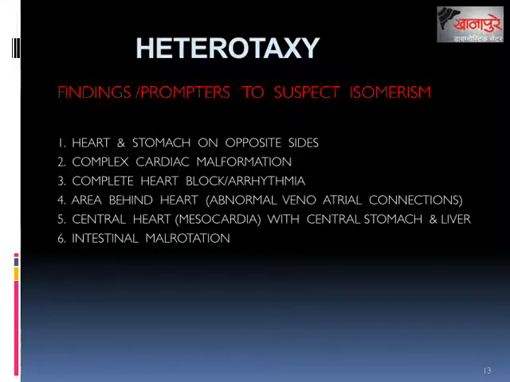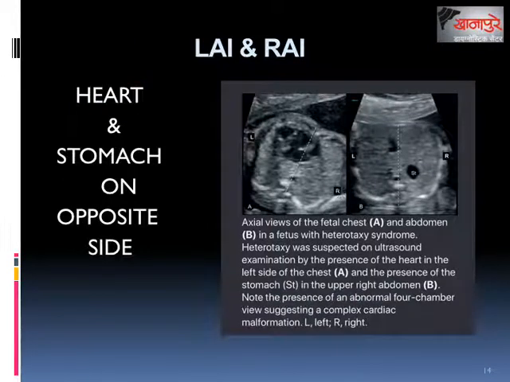Complete heart block or arrhythmia. Abnormal veno-atrial connections. Central heart or mesocardia with central stomach and liver. And the sixth one is intestinal malrotation. Whichever the isomerism is, heart and stomach should be on opposite sides.